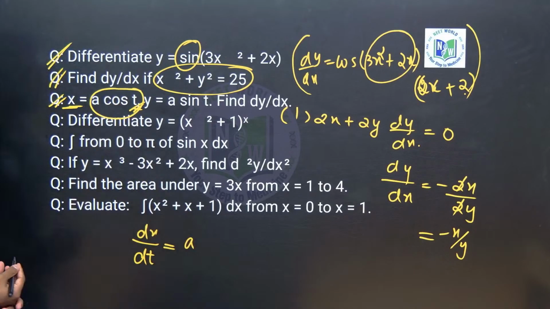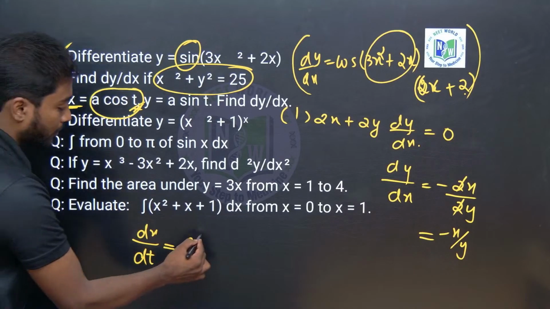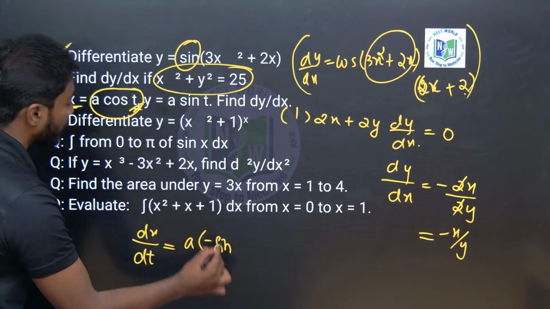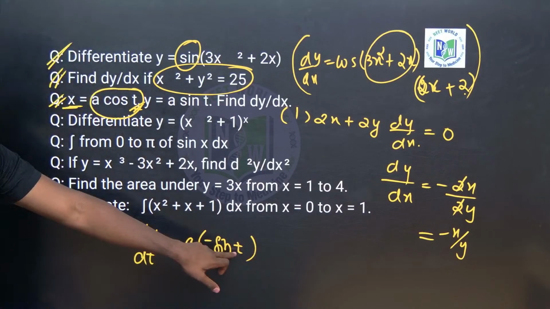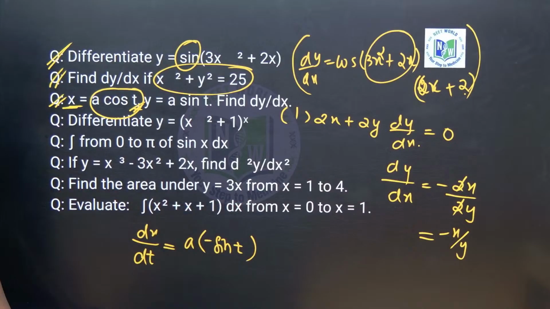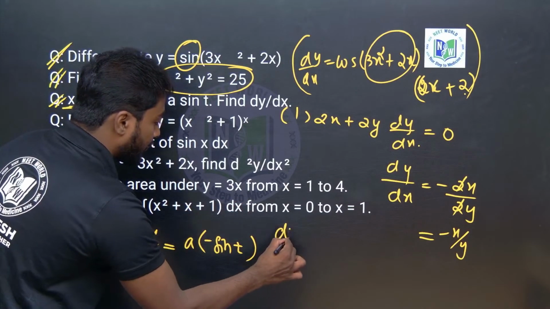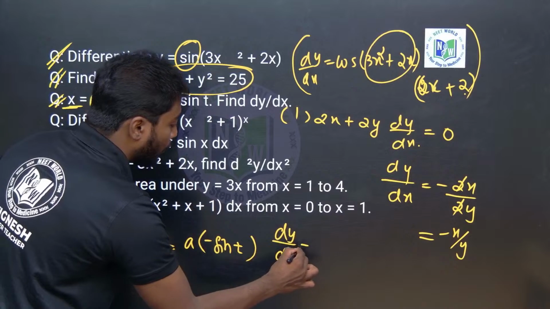What is the differentiation of cos? Minus sin t. The differentiation of t is again 1.